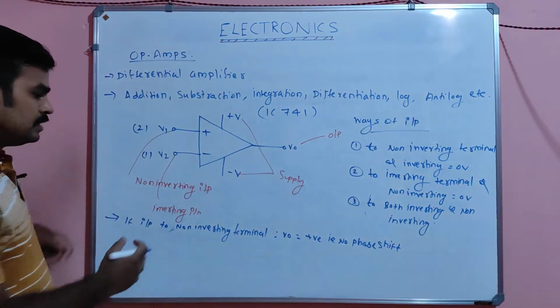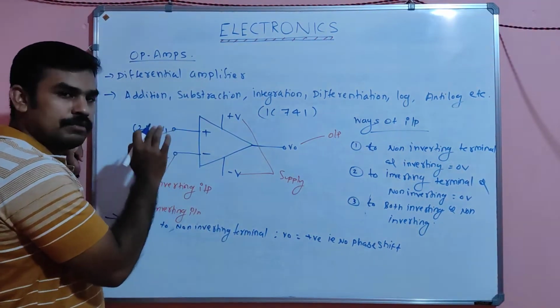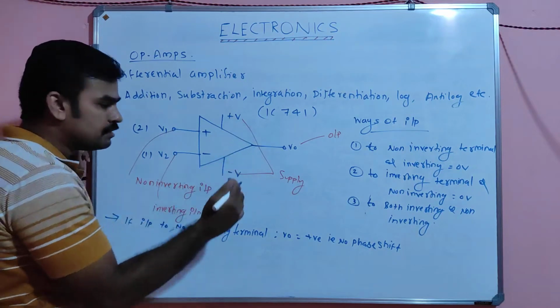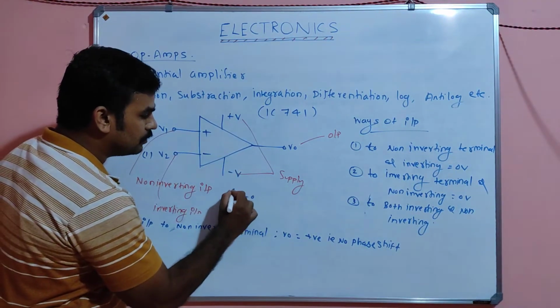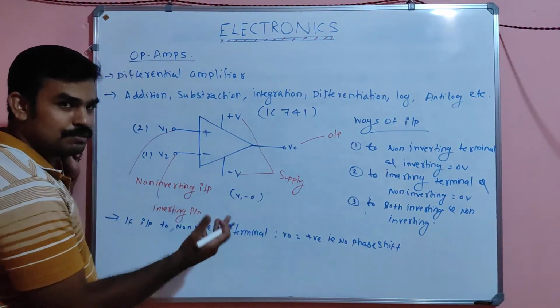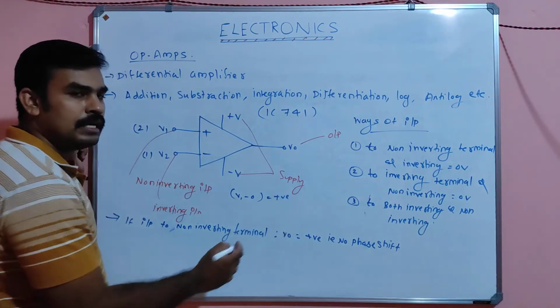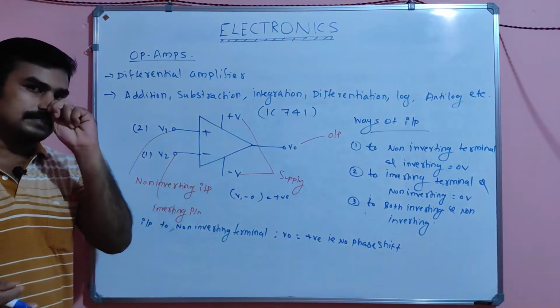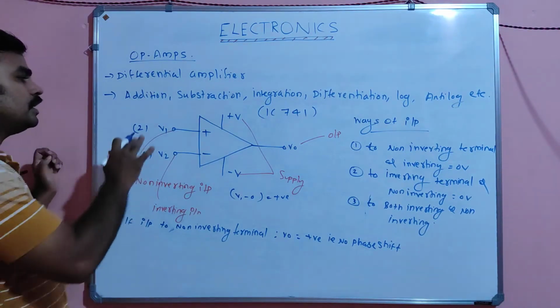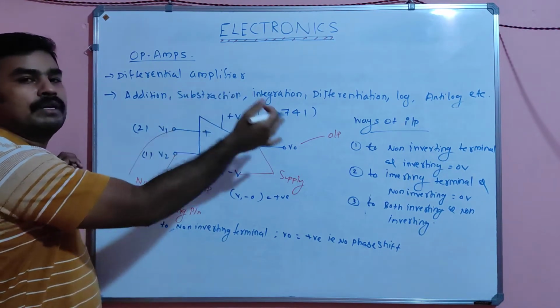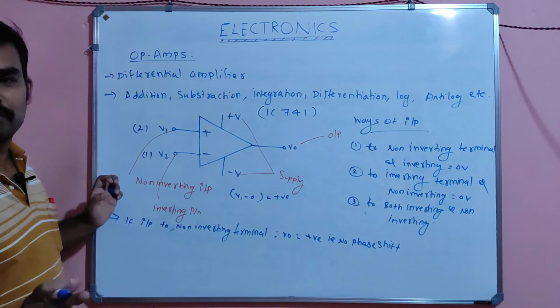Is it correct now? Suppose we are giving input to the non-inverting terminal, so the difference will be nothing but V1 minus 0. V1 minus V2, making V2 0, so V1 minus 0 will surely be a positive quantity. A positive quantity output means there will not be any phase shift. We are giving a positive signal, you will get a positive signal, so there is no phase shift.